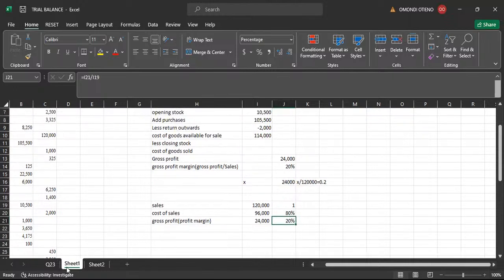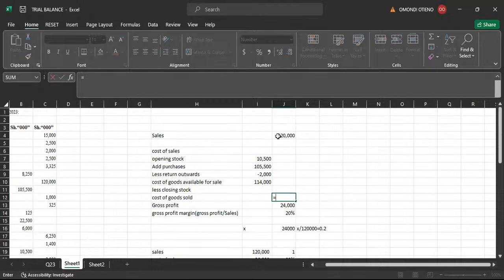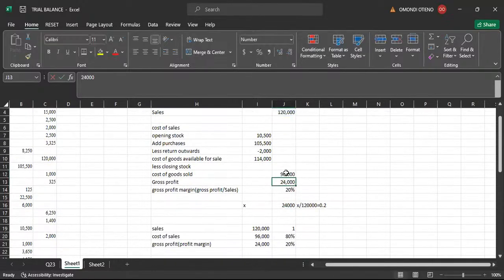So we've known our gross profit is 24,000. Our cost of goods sold is now the difference between sales and gross profit. So it's going to be 120 minus 24,000. Tunapata 96. Cost of goods available for sale is 144,000.